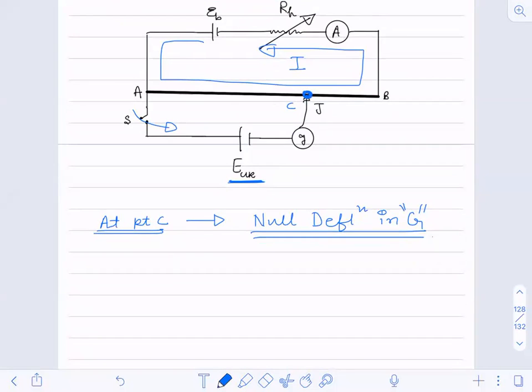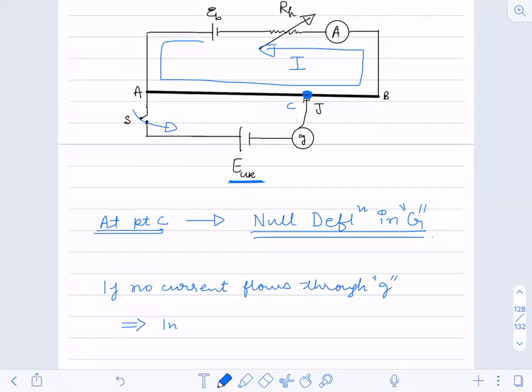So what I can say here: if no current flows through G, this implies what?